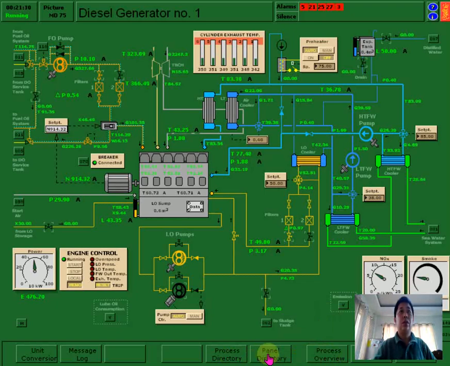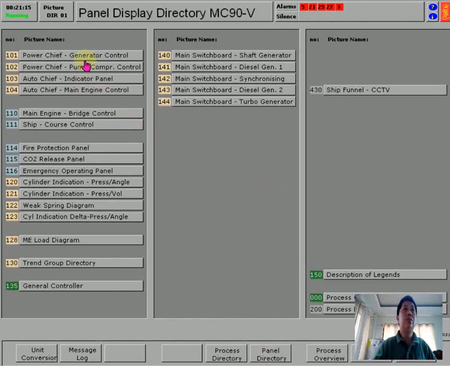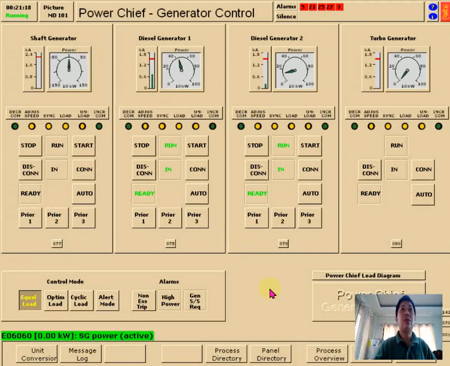I will proceed to the sharing of load. Now there is already a sharing of load here. I will put in the automatic, this one, DG1. I will wait, it's a long time responding.